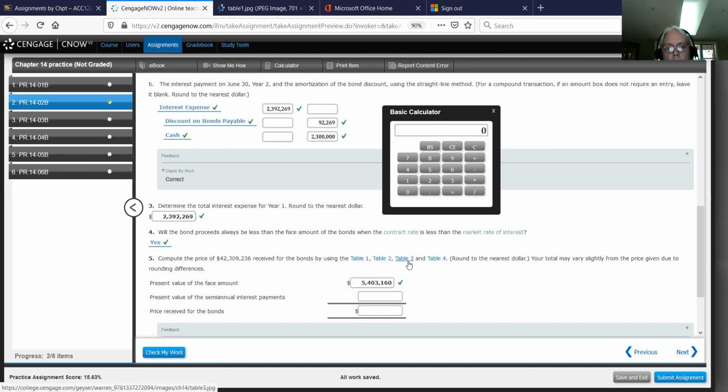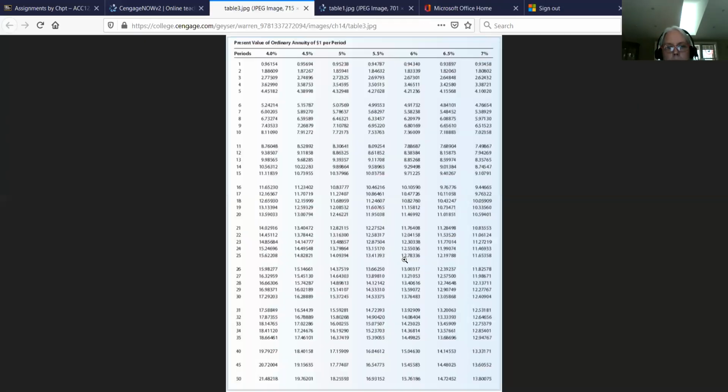In this problem, you're going to look at table 3, and when you click on table 3, it's going to give you the present value of the annuity table. Remember, we're using the market rate of interest, and half of the market rate of interest was 5.5%. We're going to go down for 40 periods, and that's going to bring us to a table value amount of 16.04612.